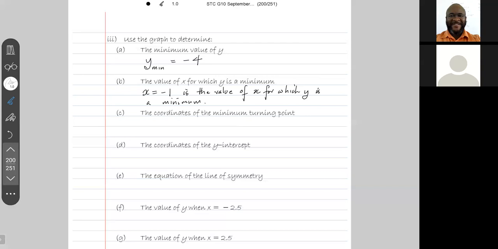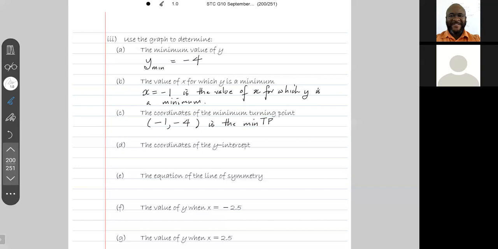And the horizontal line through the turning point is y is equal to -4. So guys, (-1, -4) is the minimum turning point.